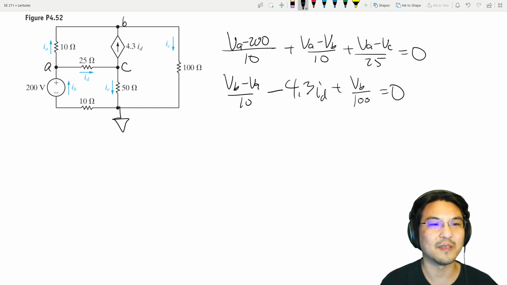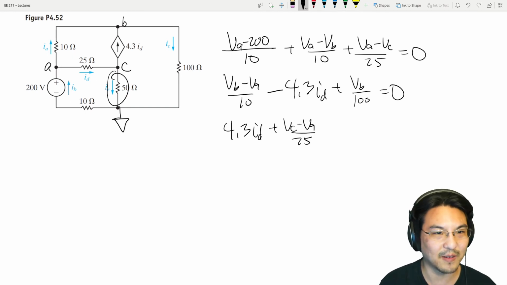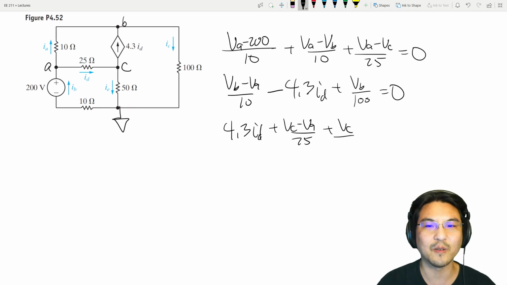Okay, and then node C, let's go up 4.3 ID. It's KCL, right? So the current here, VC minus VA over 25, and the current here, VC over 50.